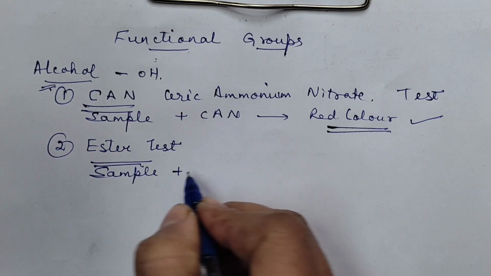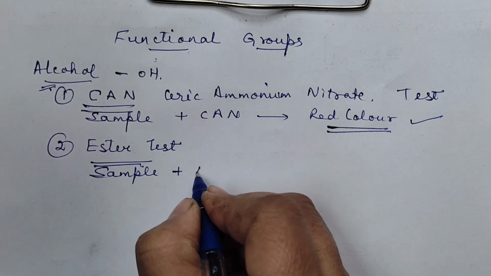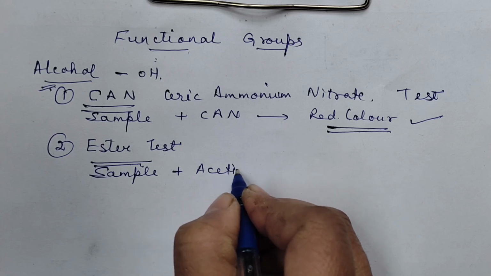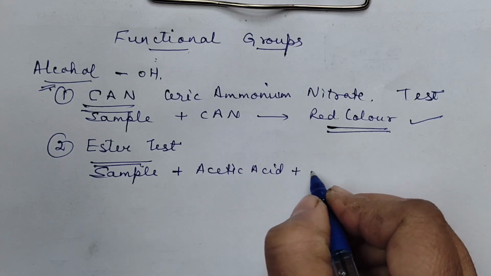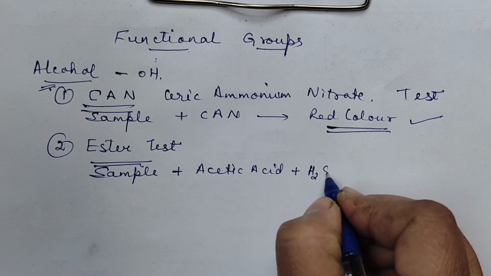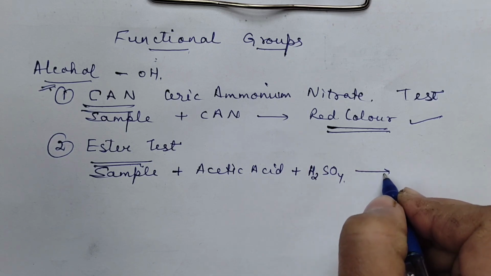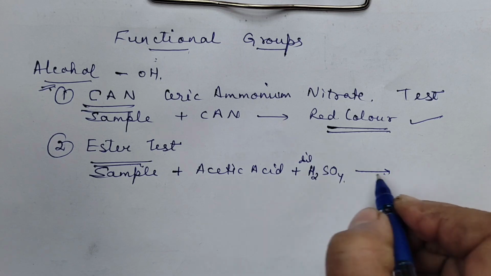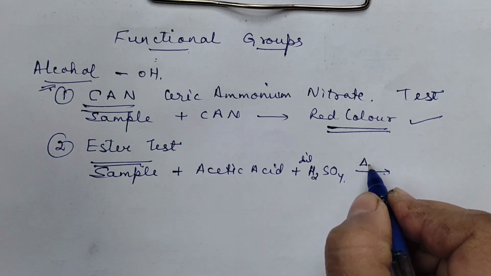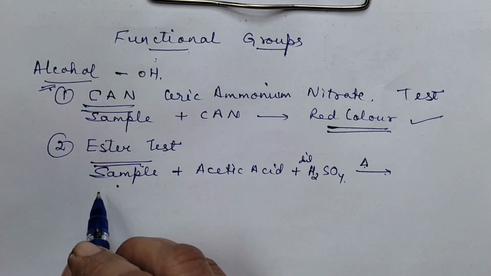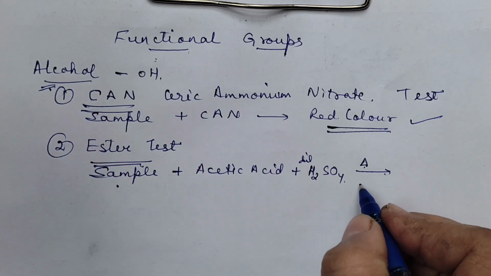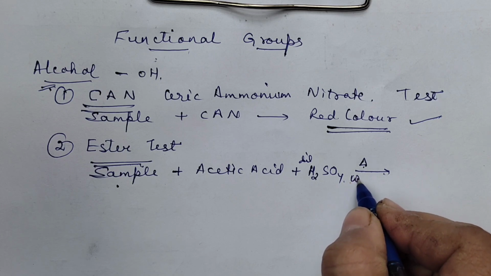You will add to this a little quantity of acetic acid, and then few drops of dilute sulfuric acid. And you are going to heat it slightly. Warm it in fact, not heat it, because this sample, which is alcohol for us, is inflammable. So you will be heating in a water bath.